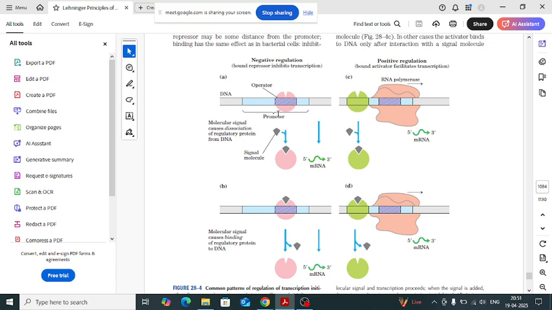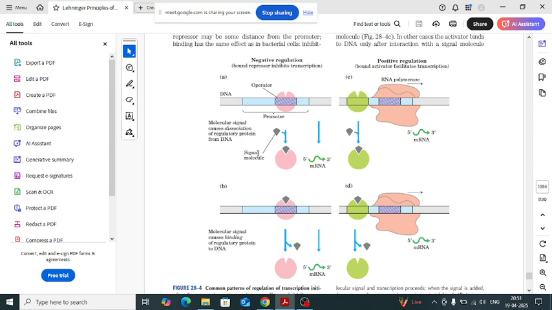When there is an operon system, for example if multiple genes are governed by a single promoter, that system in prokaryotes is called an operon. So in those cases, a specified sequence called the operator is present in the promoter region, right?